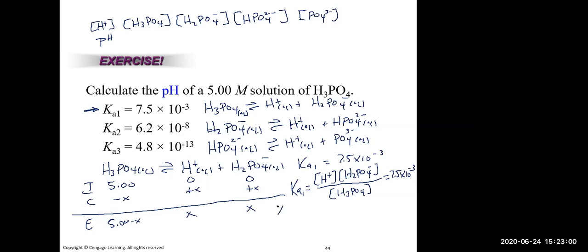That's going to give us x squared divided by 5 minus x equals 7.5 times 10 to the minus 3. We're going to assume that x is equal to 0. That's going to give us x squared over 5 equals 7.5 times 10 to the minus 3. We're going to multiply the 5 to the other side and take the square root of it.